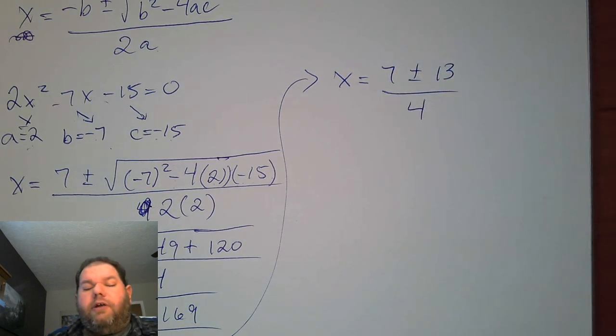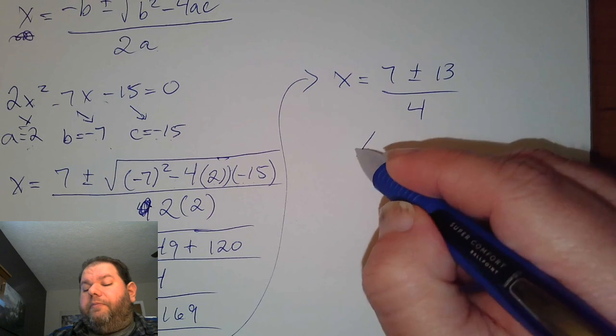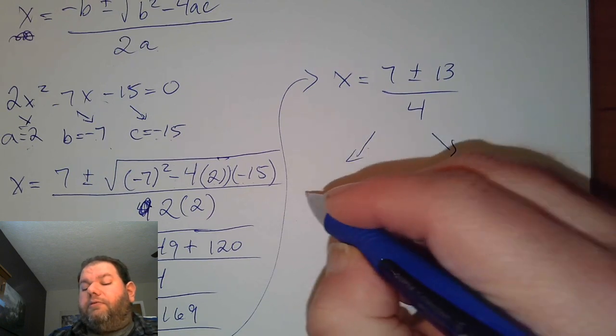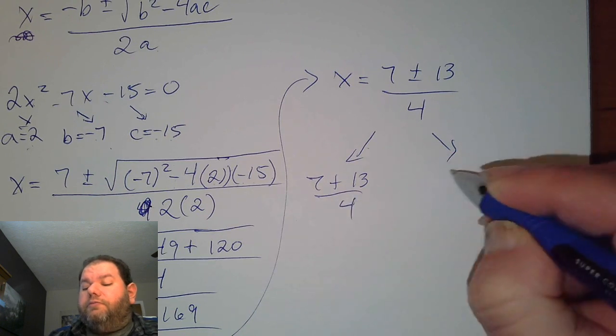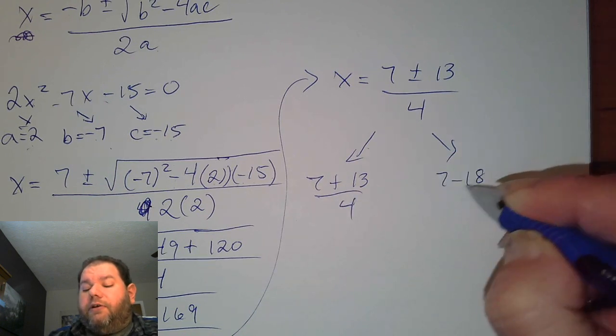Because we're able to actually take the square root of that number and get rid of the square root, so we just have a plain 13, this one we'll want to go ahead and split up to two different solutions. 7 plus 13 over 4, and 7 minus 13 over 4.